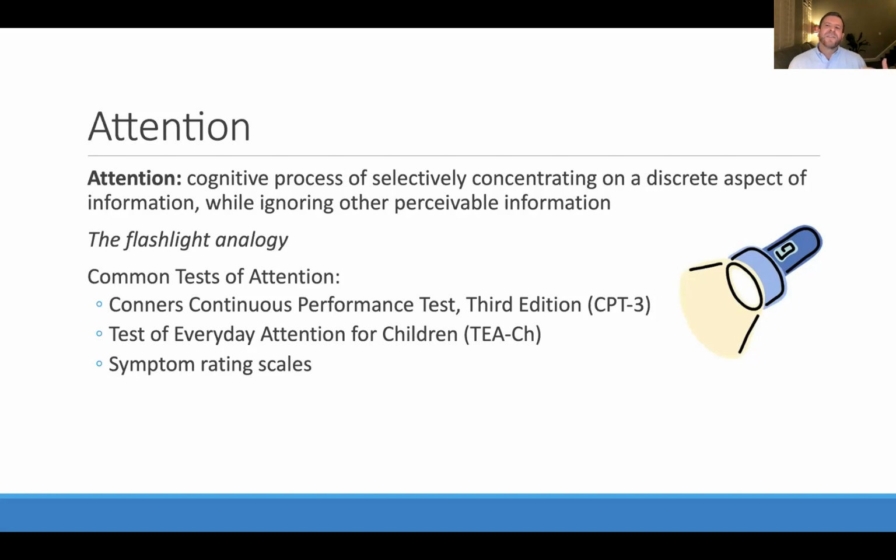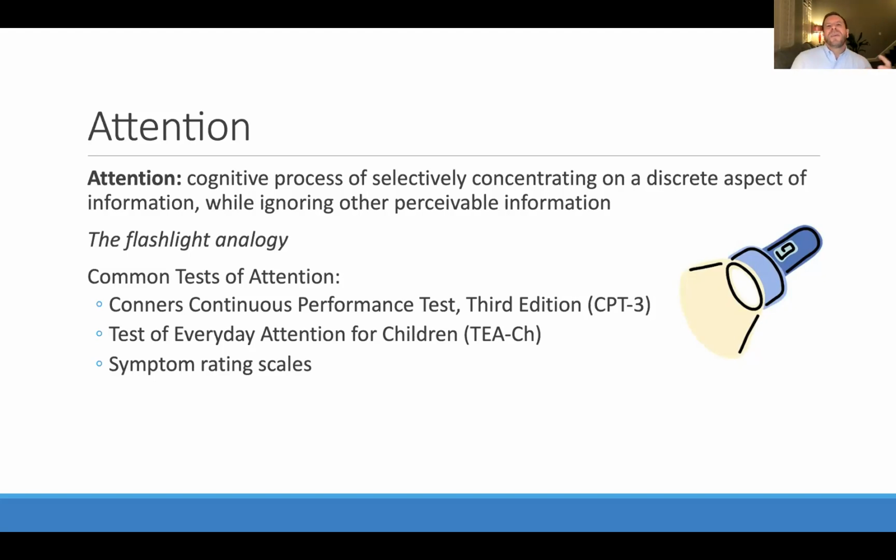In many ways, for folks that might have attention deficits, it's not that the flashlight is dull, that there's not a bright flashlight. In fact, if there's something that someone's interested in, that's not really requiring control over the flashlight. So where are we going to see folks with attention deficits struggle? They're going to struggle with keeping the flashlight on something that's not so interesting.